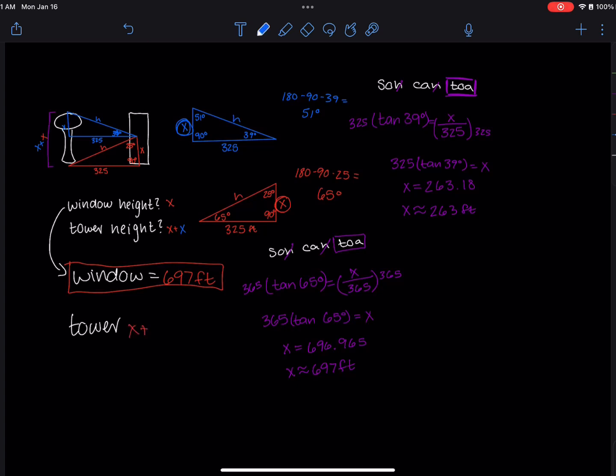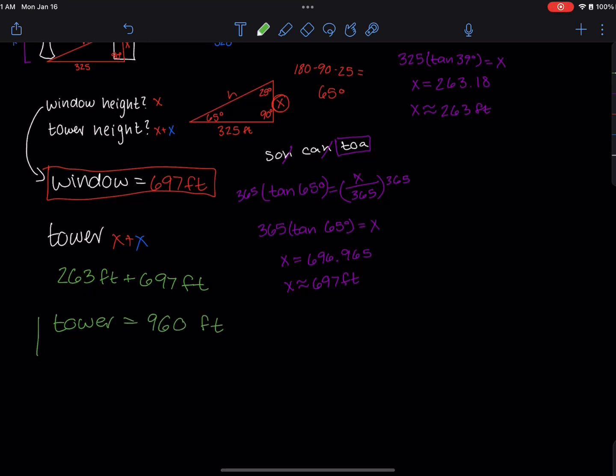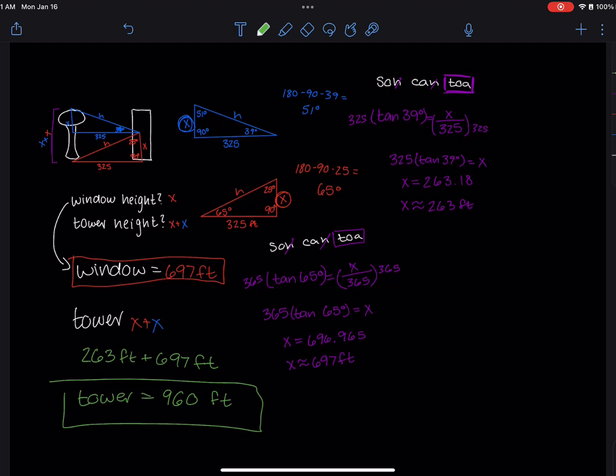So that would be the red value and the blue value of x added together. So it would be 697 feet plus 263 feet, which I'm writing there in the green. And when you add those together, you get 960 feet, which would be the total height of the tower. And there you go. That's how you would solve problem number 5. Thank you.